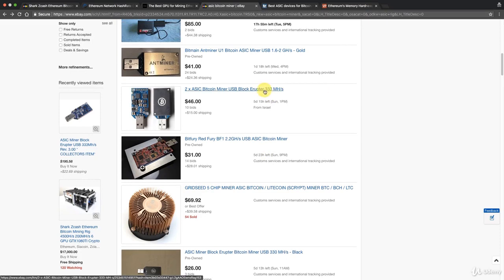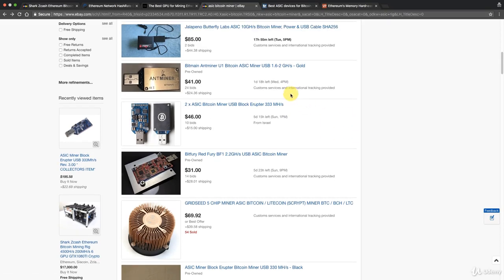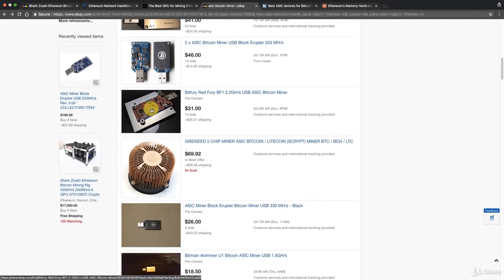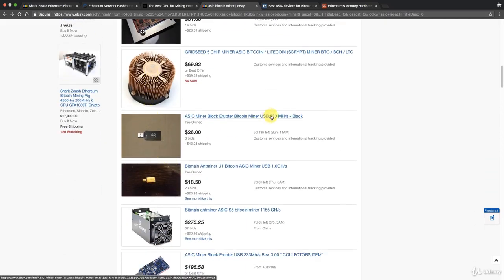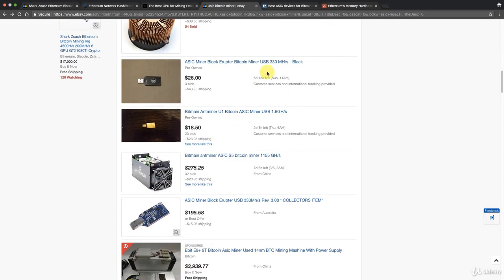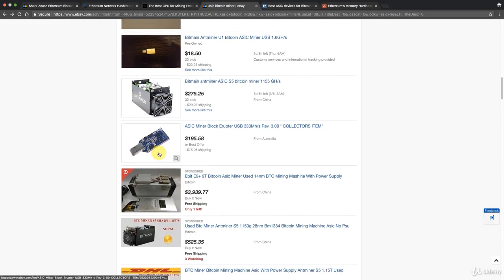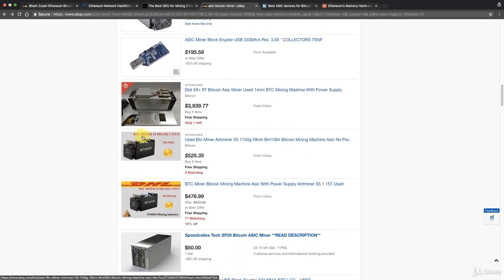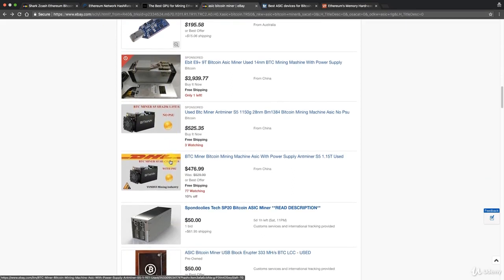Remember we said that the GPUs would only go up to 1 giga hash. This is already 333 mega hash with a tiny USB stick on Bitcoin. So that's crazy, and that's what ASIC devices did to the world of blockchains that use SHA-256.